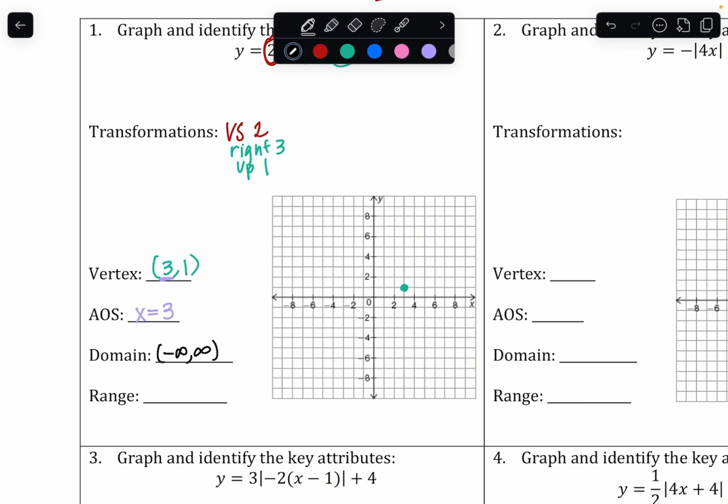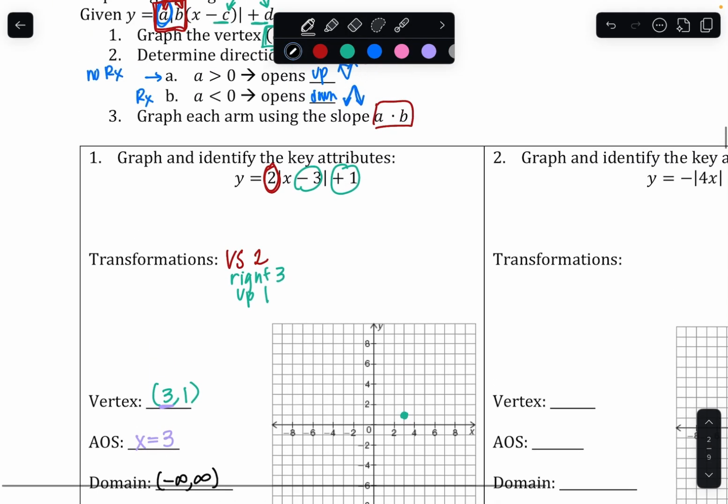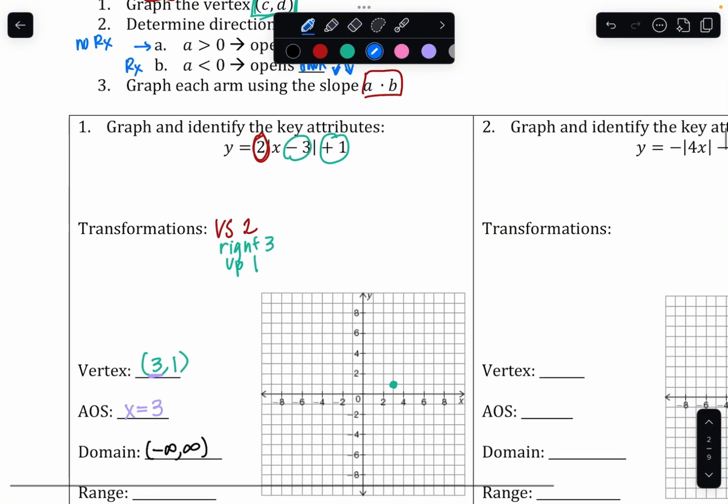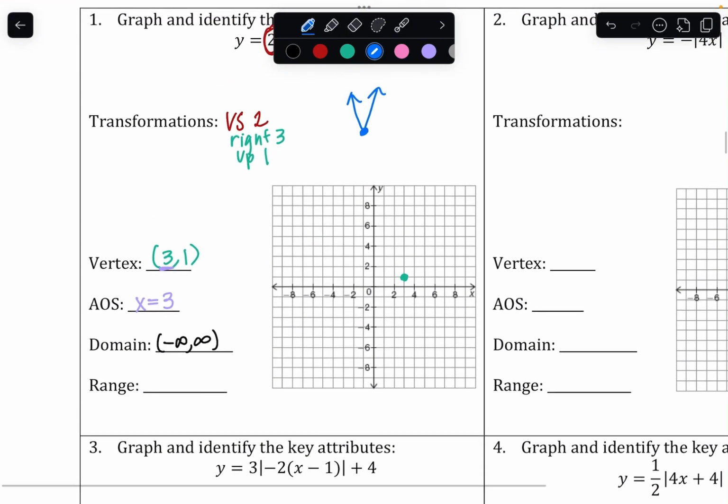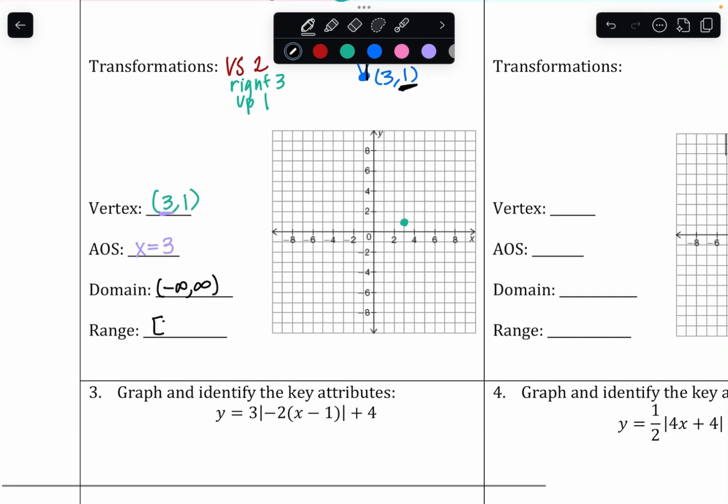And then our range, because this absolute value does not have a negative here, it's going to be opening up. And so just kind of sketching to the side, this vertex is at (3, 1). The entire function is above the 1. And so we are going from 1 to infinity.